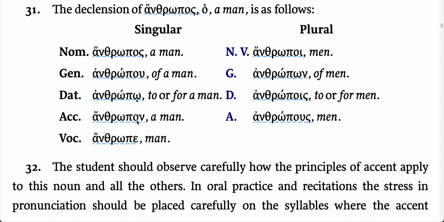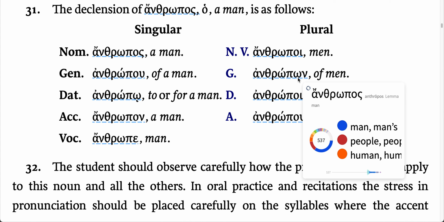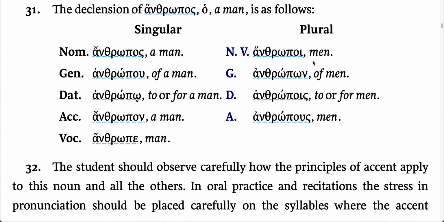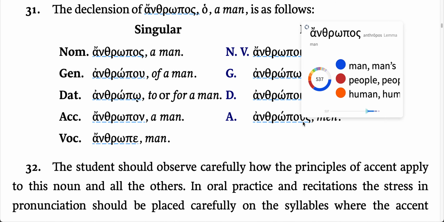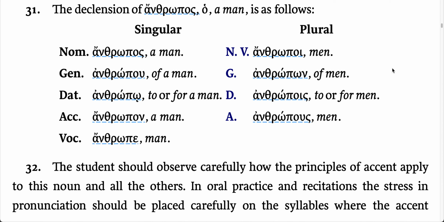Accusative singular, omicron nu. Vocative singular, epsilon. Nominative, vocative plural, omicron iota. Genitive plural, omega nu. Dative plural, omega iota sigma. Accusative plural, omicron upsilon sigma. And so you want to be aware of this. You want to memorize this chart.